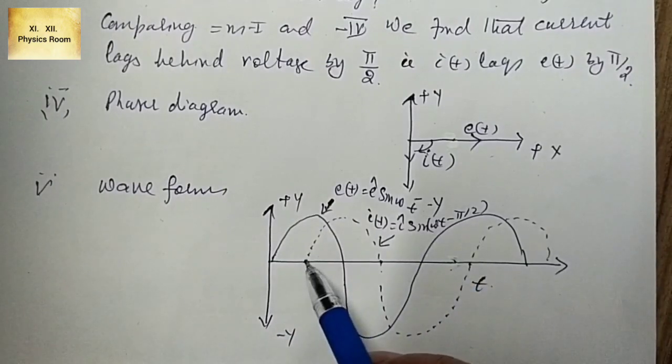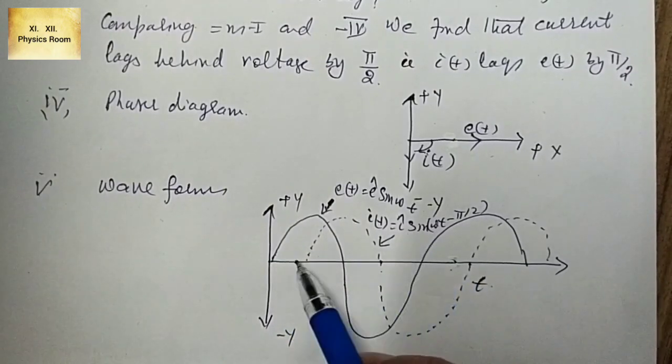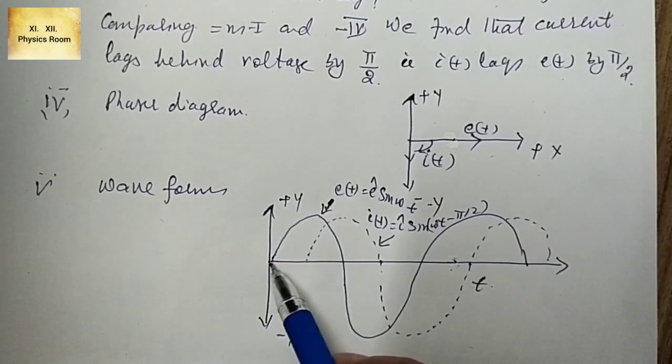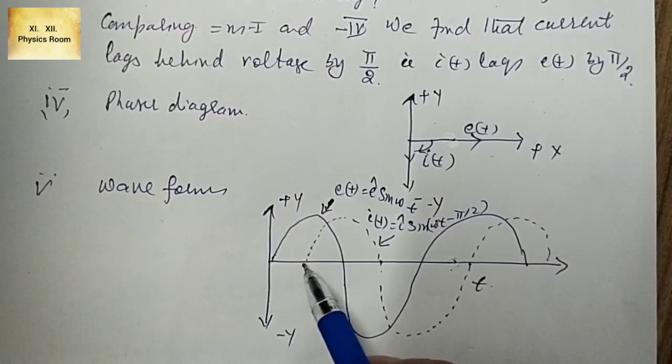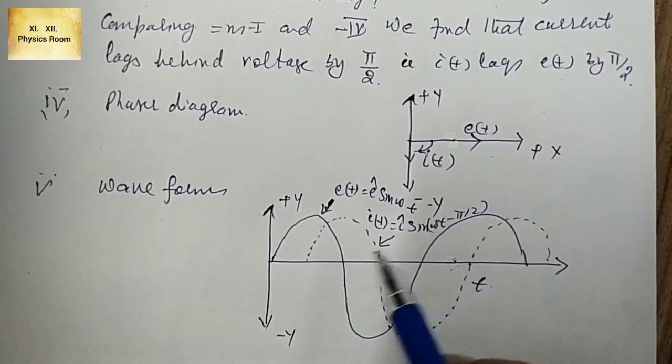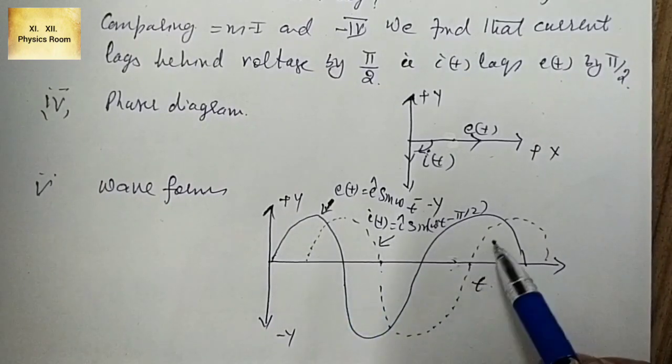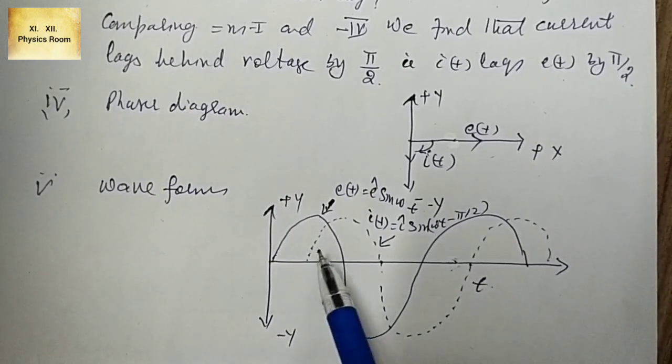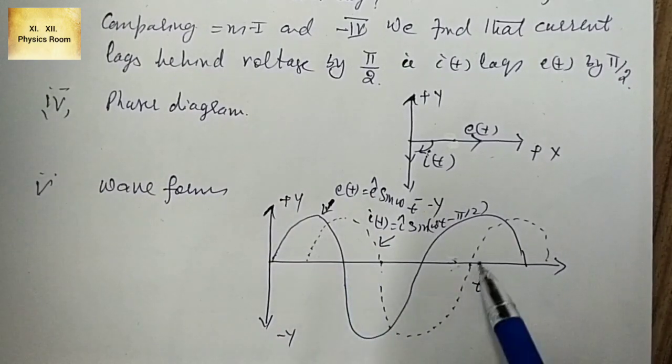This wave starts from here. Pi by 2 lag. Actually it starts from here. Negative cosine, minus cos omega t. So either you write minus cos omega t, then we start from here. If you write sine omega t minus pi by 2, we start from here. It hardly matters. So this is the current waveform.